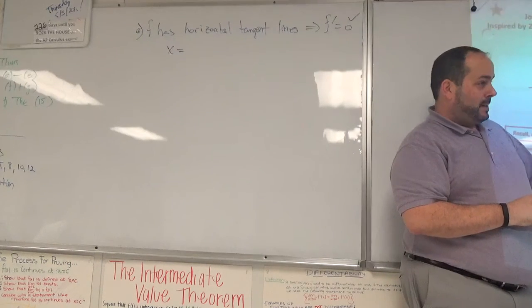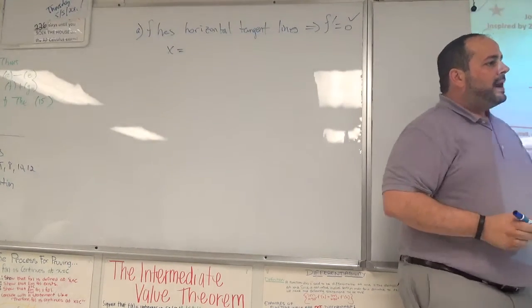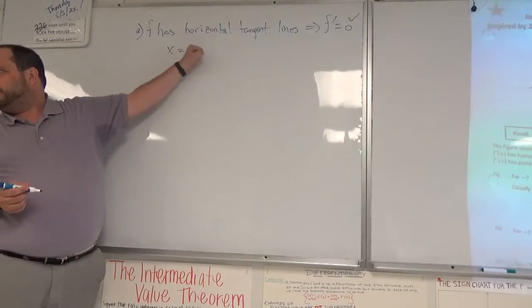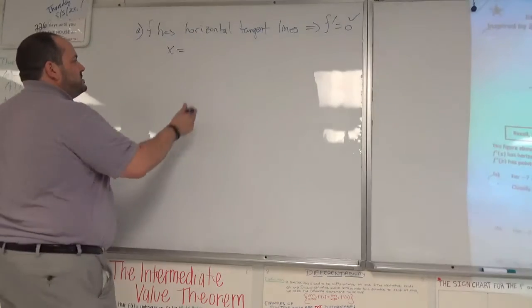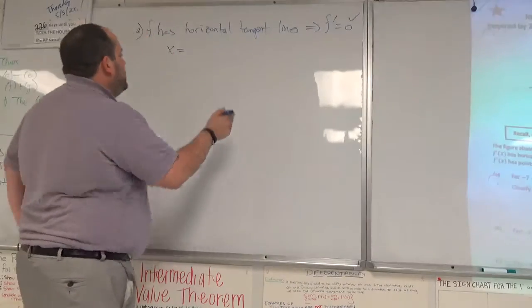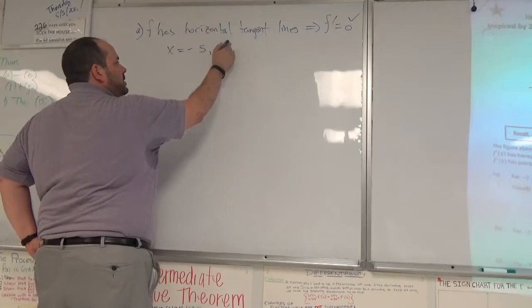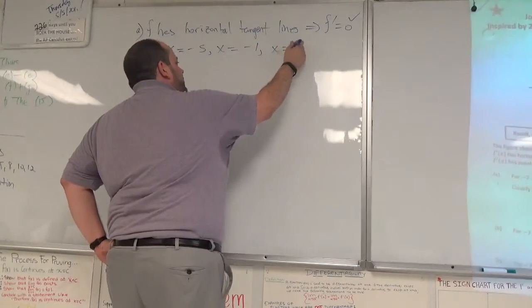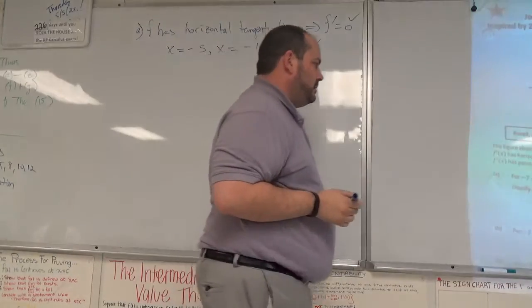F prime would have a horizontal tangent line. But I'm asking you questions about the graph that you don't see. F has the horizontal tangent line. F prime is equal to 0, and that should be -5, -1, and 5. Okay, that's the second part.